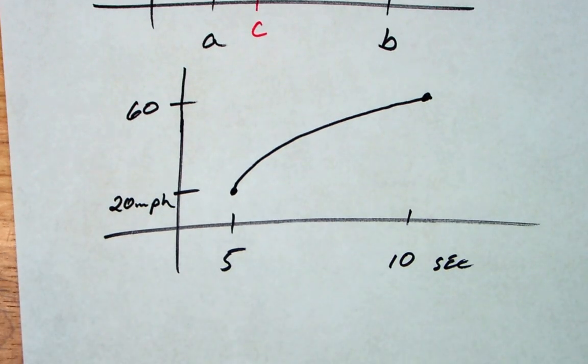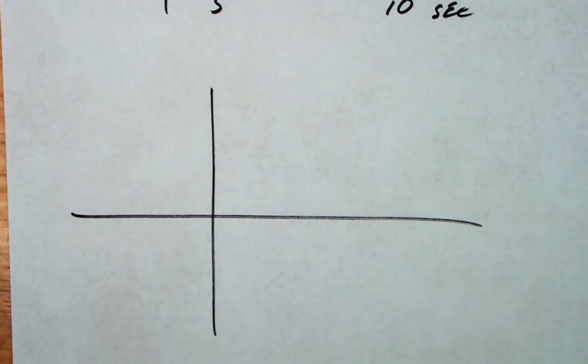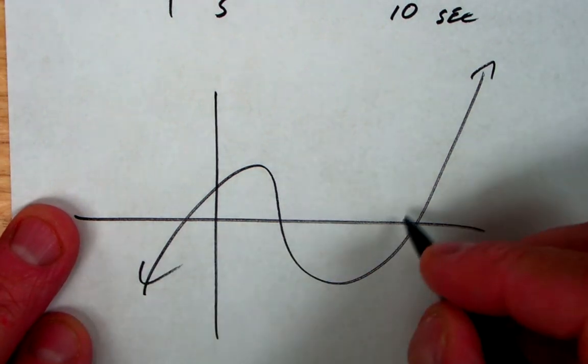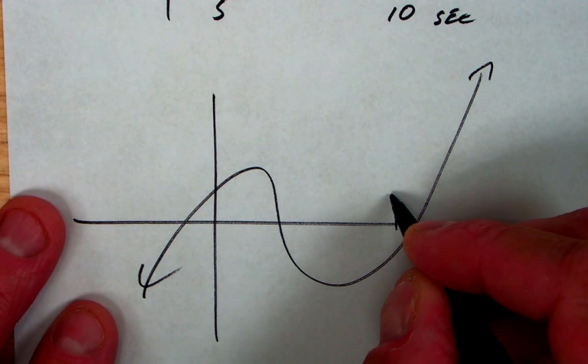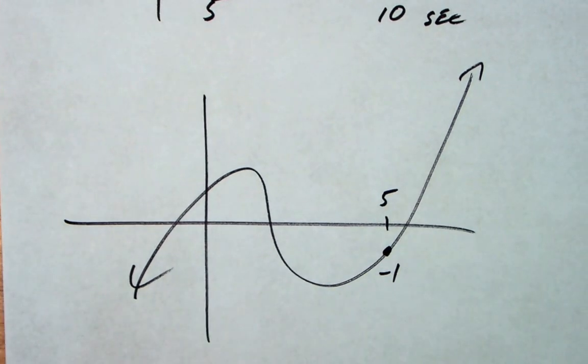And how are we going to use the intermediate value theorem? Well, here we go. If we had a graph that goes like this, and I said, at this value of x, let's say at 5, my result was -1.